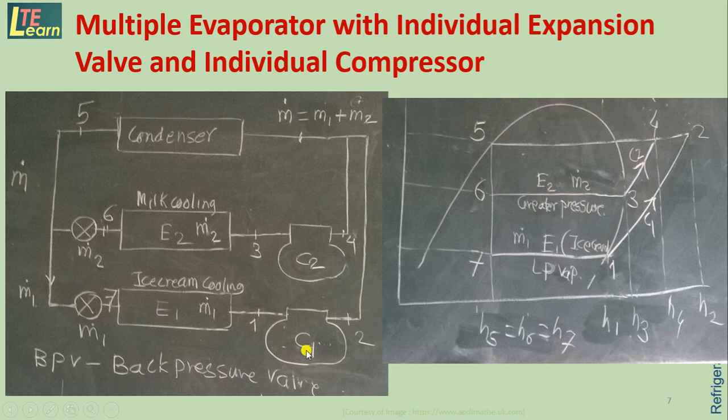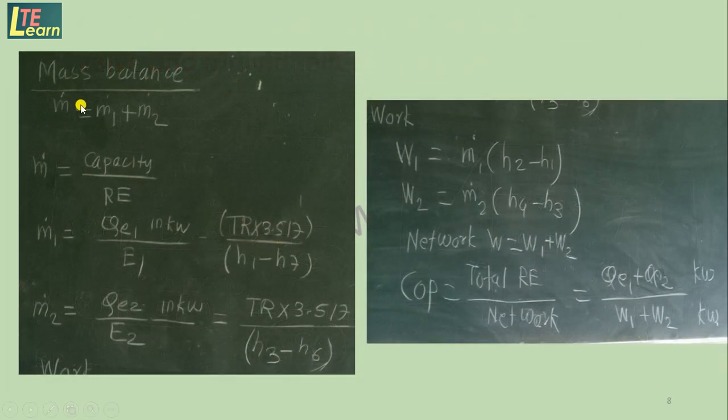So now total mass is M1 dot plus M2 dot. General formula is capacity divided by refrigerant effect. So M1 dot, the mass flow rate of evaporator 1, will be equal to its capacity in kilowatt QE1 divided by enthalpy difference for evaporator 1, H1 minus H7.